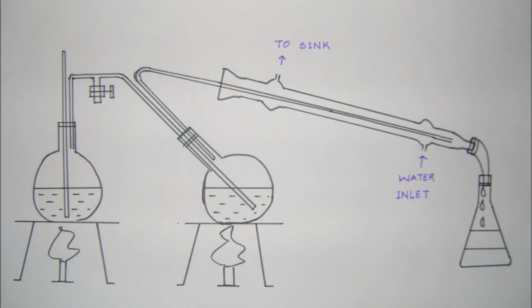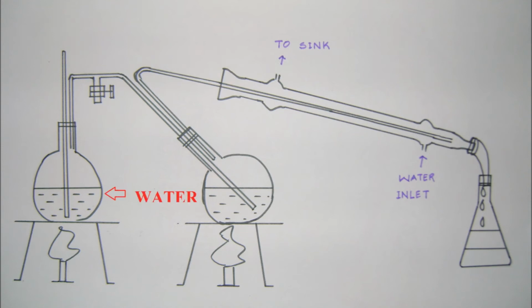Now let's move to the diagrammatic representation of steam distillation. This is the diagrammatic representation of the experimental setup of steam distillation. This represents the round bottom flask, that is RB, in the experimental setup. This is the condenser with one water inlet and one outlet to maintain low temperature inside it. This is the safety valve.